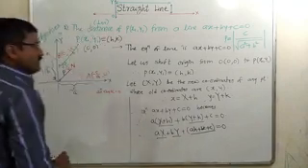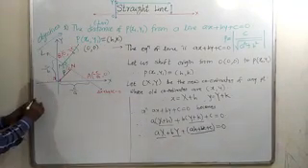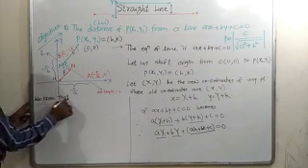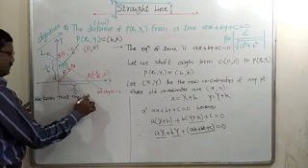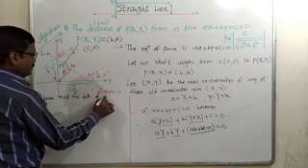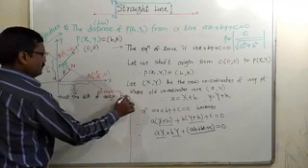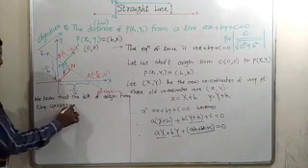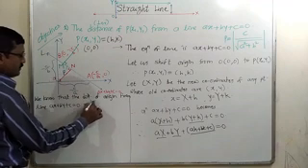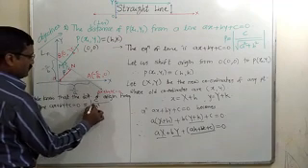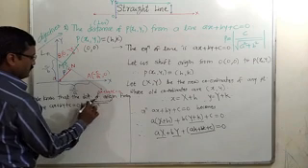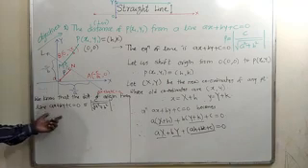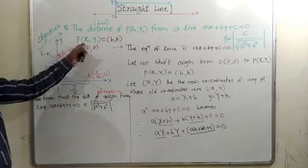We know that the distance of origin from line ax plus by plus c equal to 0 is mod of c upon under root a square plus b square. So let us use this formula for this line and for this origin.